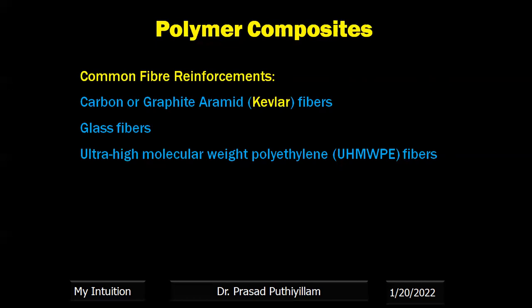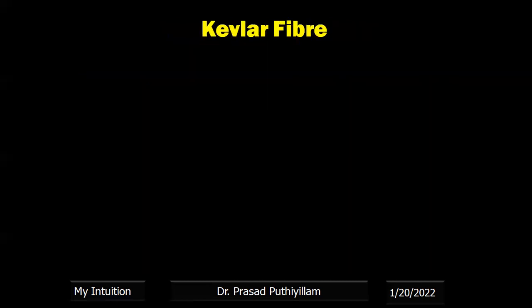Ultra high molecular weight polyethylene, UHMWPE, fibers are also used. Then exotic fibers like boron, or natural fibers like cotton or wool can also be used. Many plant fibers are there, and they can also be used as reinforcement.